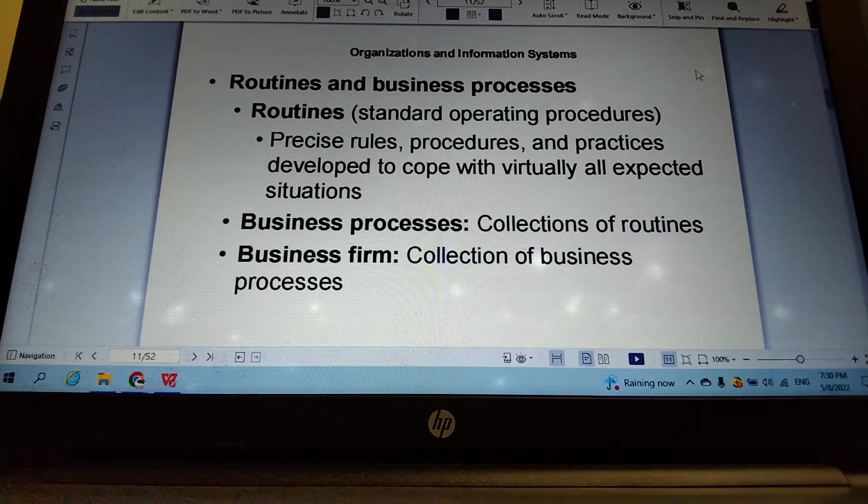When you do the collection within all these businesses and then you call it a business firm, basically it reflects a collection of business processes within that organization. So any organization can have routines and business processes, and end of the day it becomes a business firm. Yeah, that is the whole idea.